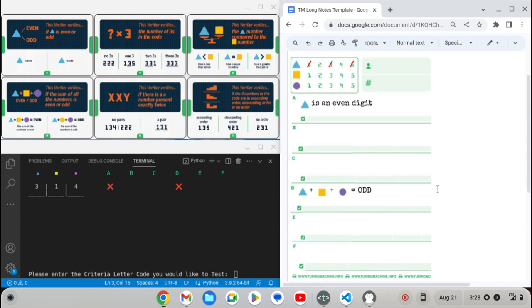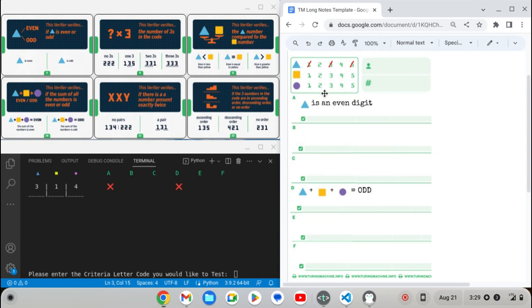And since the total sum is odd, let's go revisit. We know that triangle has to be even. So if we add an even and an odd, that sum is odd. But if we want the overall sum to remain odd, we have to add an even to it.